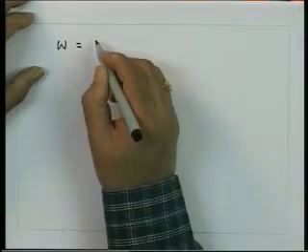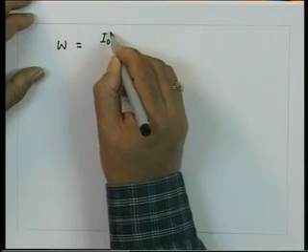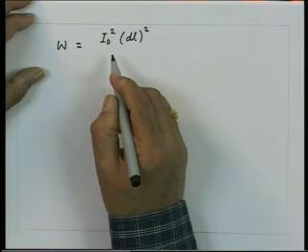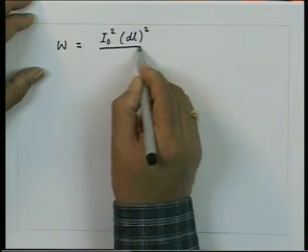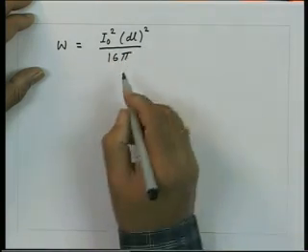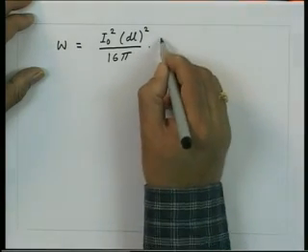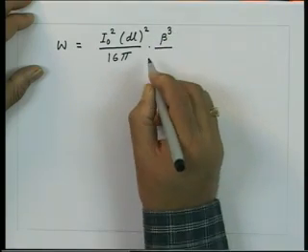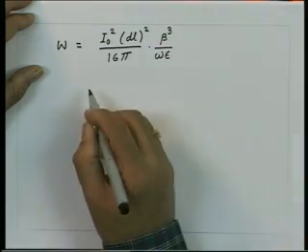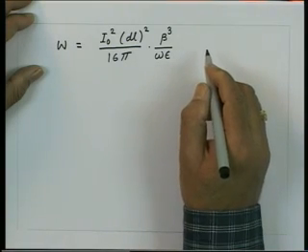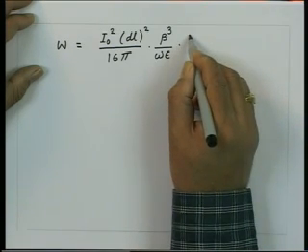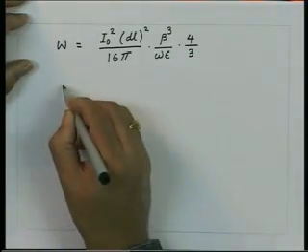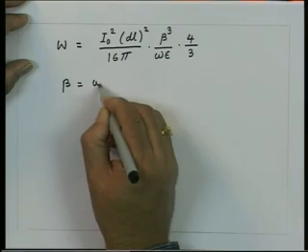So, that gives me I 0 square dL square upon 16 pi, beta cube upon omega epsilon, into 4 by 3.